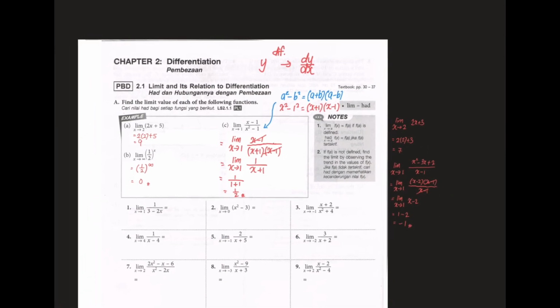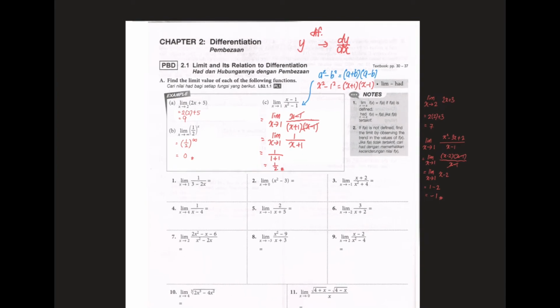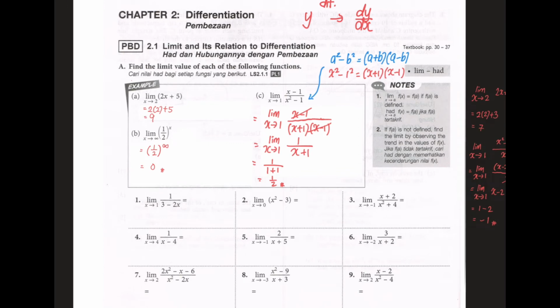So altogether, from the 3 examples here, we have 3 situations. The first situation is you can substitute straight away. The second situation is it is infinity. You need to try with a calculator, try big values to see what happens to the fractions.